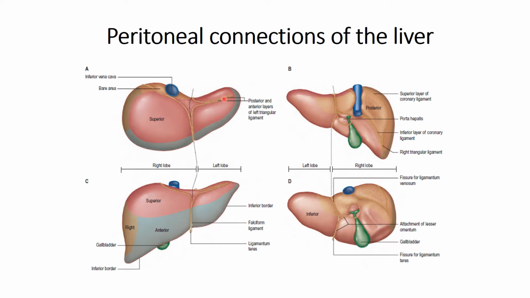So the single connection is now duplicated, and with further development of the right lobe, which grows much more than that of the left lobe, this single connection to the peritoneum, before merging, bifurcates again.